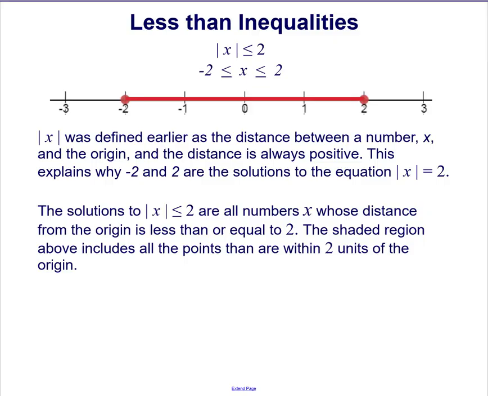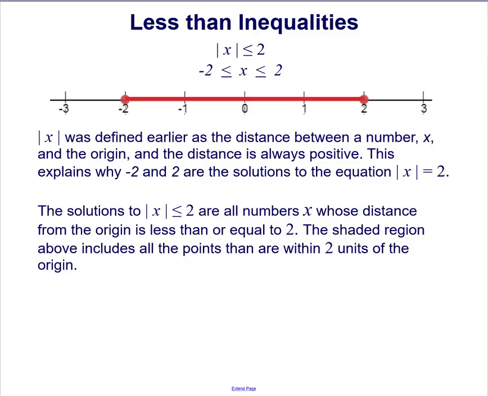At both -2 and +2, the circles are closed, meaning those values are included in the solution. Everything that is covered with the red line is also part of the solution. That includes real numbers. Now I'm going to read the paragraph. The absolute value of x was defined earlier as the distance between a number x and the origin, and the distance is always positive.